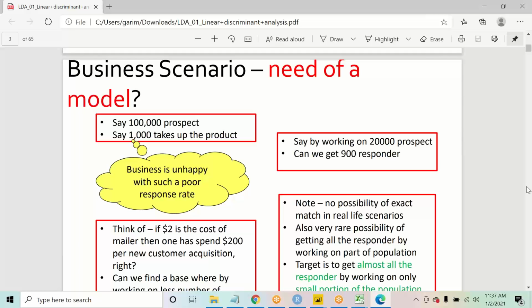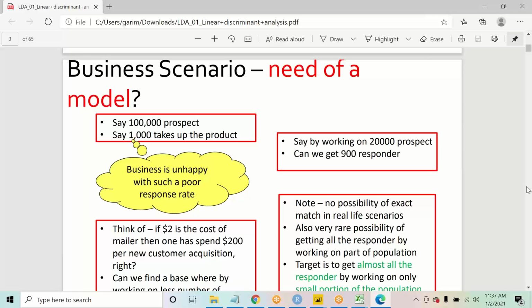Instead of distributing your pamphlet to 1 lakh people, what if you distribute it to just 20,000 people after some analysis, targeting people on whom you have a higher probability that they will buy it? Now, out of those 20,000 people, suppose 900 people buy it. So your cost of acquiring a new customer will come down significantly.